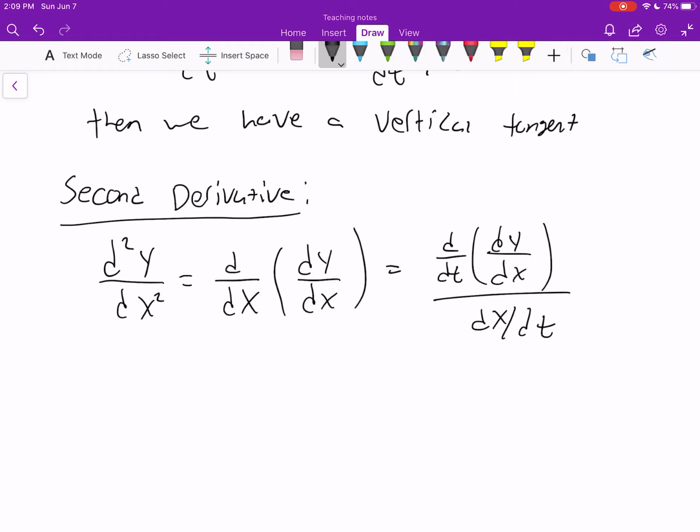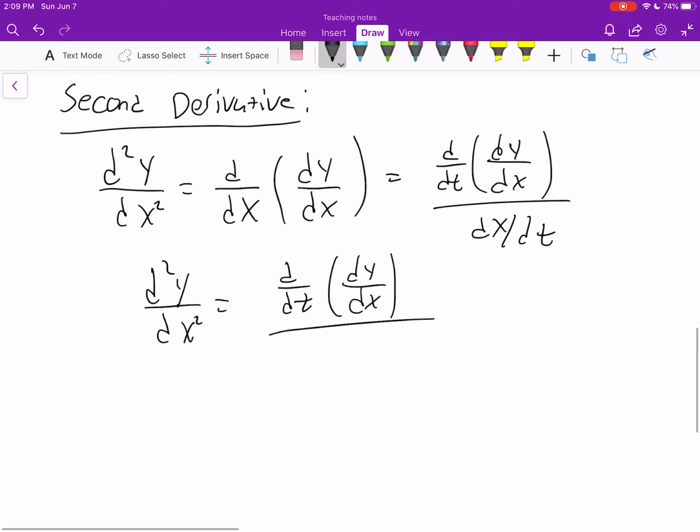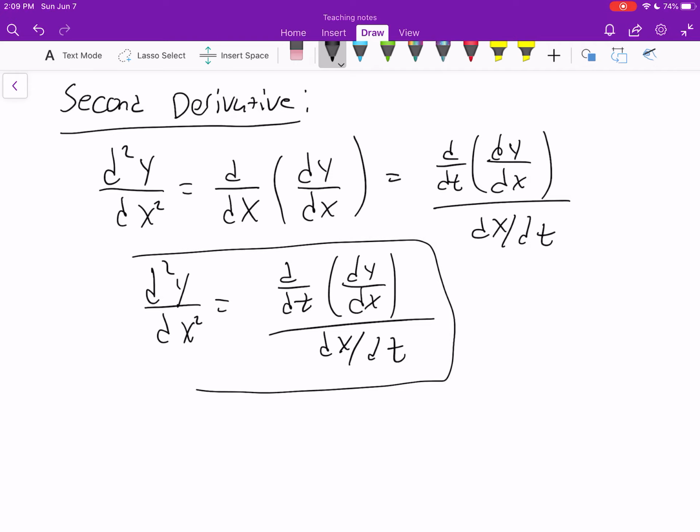And that's going to be my formula for the second derivative: d²y/dx² is d/dt of dy/dx over dx/dt. And again, all I'm doing is taking my formula for dy/dx and plugging dy/dx in for y. So you'll have to, case by case, just do this part. But we'll see an example of how to do that.